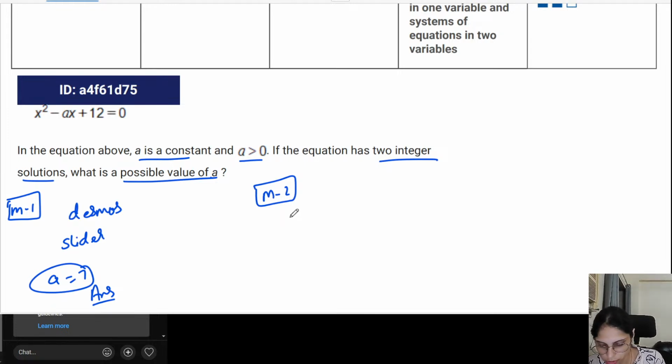Method 2 is because we want integer solutions. Quadratic formula won't work here. A plus minus square root of A squared minus 36. And we want two integer solutions. So first thing is that discriminant has to be greater than 0.